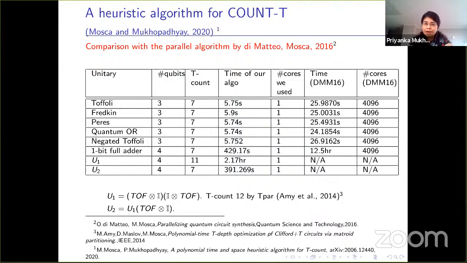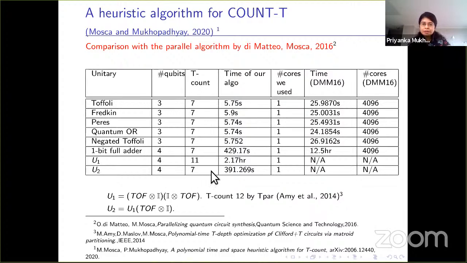We used only 1 core, our algorithm is serial. The largest unitary which they could synthesize was the 1-bit full adder, and this took 12.5 hours in their algorithm with 4,096 cores. We could synthesize this adder in 429.17 seconds, which is a little more than 7 minutes, using only 1 core. And we also could synthesize some bigger unitaries.